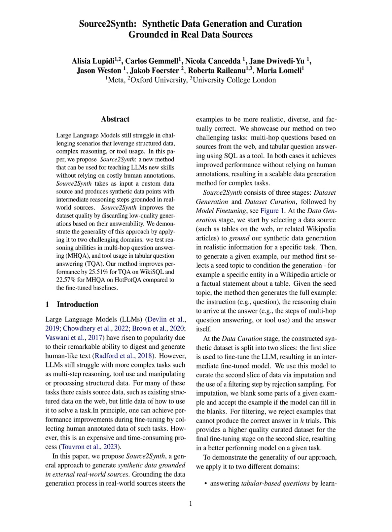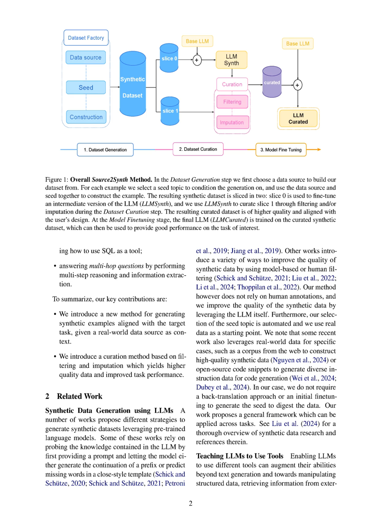Secondly, the method automates the selection of seed topics from real-world data sources, ensuring that the generated examples are grounded in realistic and diverse information. Additionally, Source2Synth employs a robust curation process that includes filtering and imputation, which systematically improves the quality of the dataset by removing low-quality entries and refining the generated examples.